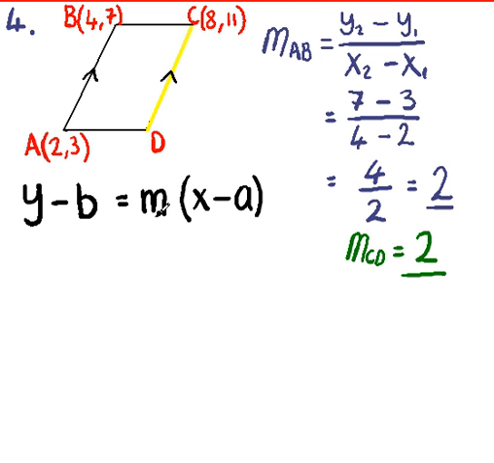The gradient m is 2, and a and b are the coordinates of our point, a being 8 and b being 11. Substituting those in, we have y minus 11 equals 2 multiplied by the bracket x minus 8.